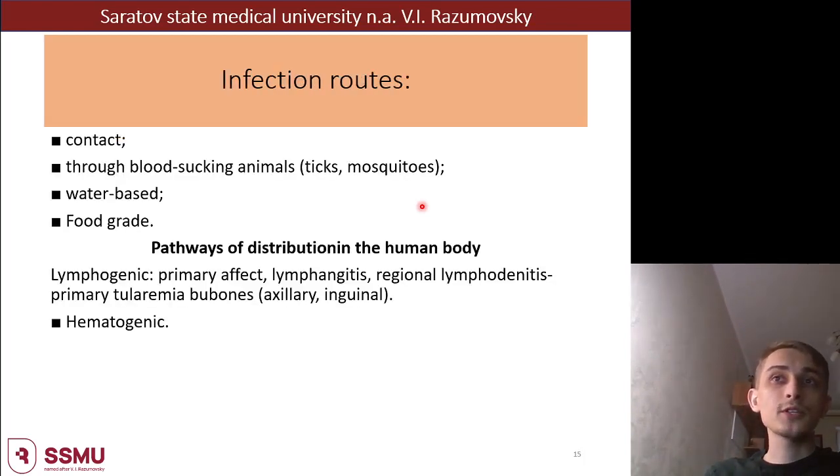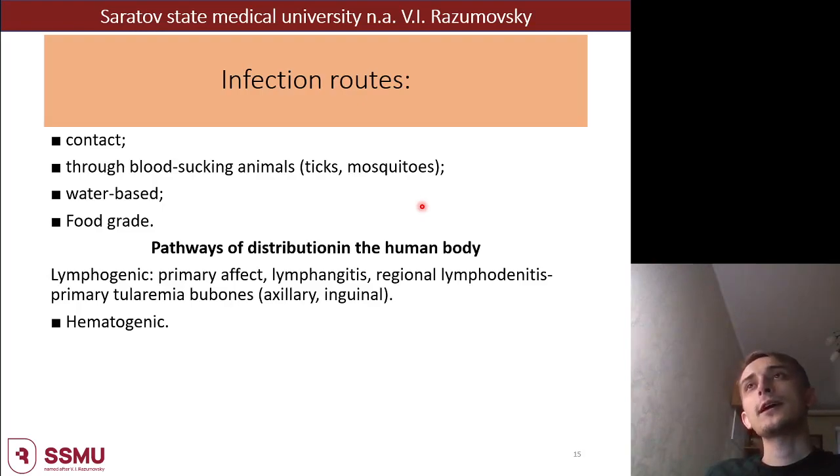Routes of infection may be contact, in case of contact of a human with the bacillus, through blood-sucking animals like ticks or mosquitoes, water-borne, and food-borne.